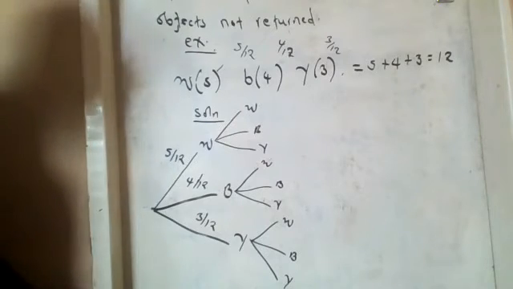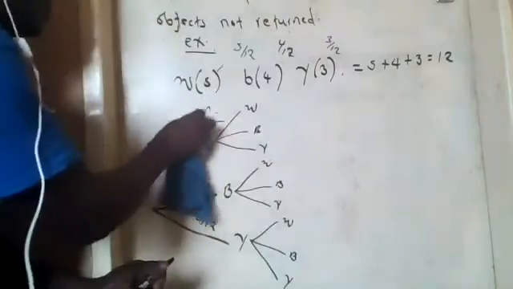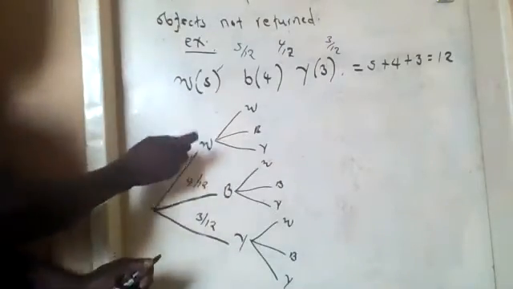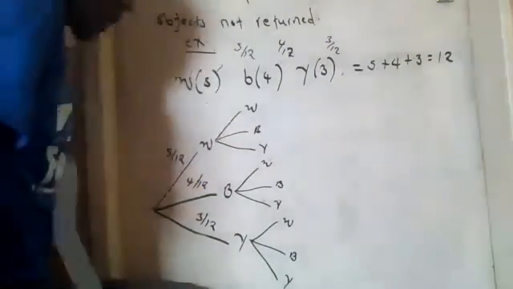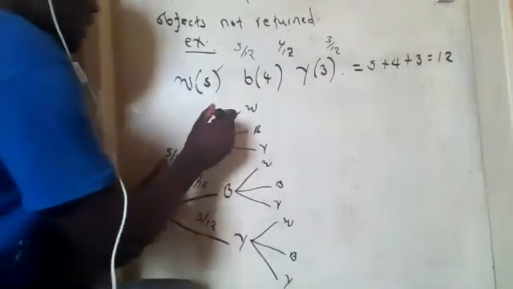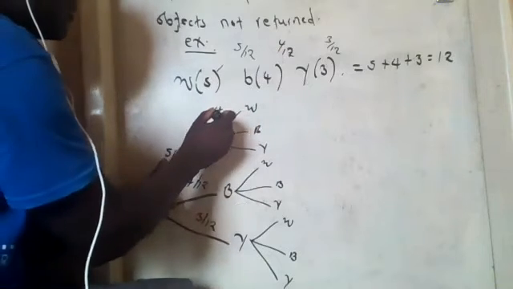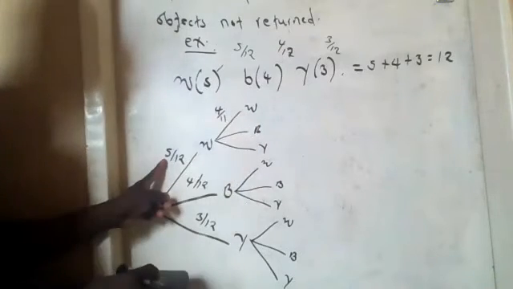So because of these assumptions, the first assumption goes to white. The one picked is white. Initially, they are 5. So when you pick one, they will remain 4. Because there were 12, when one goes out, they will remain 11.